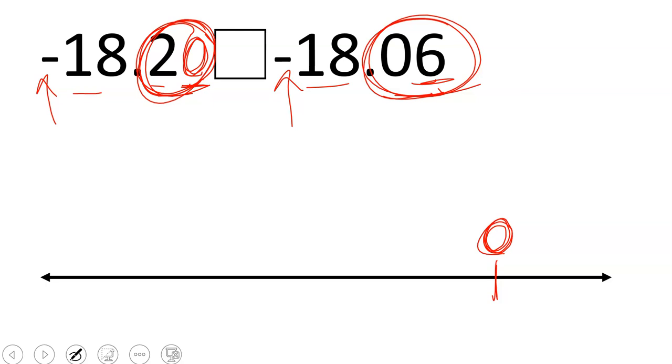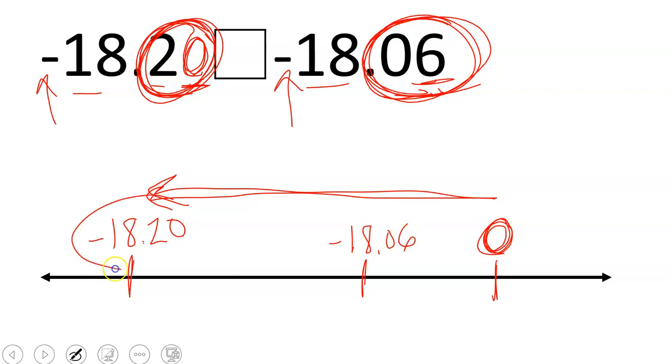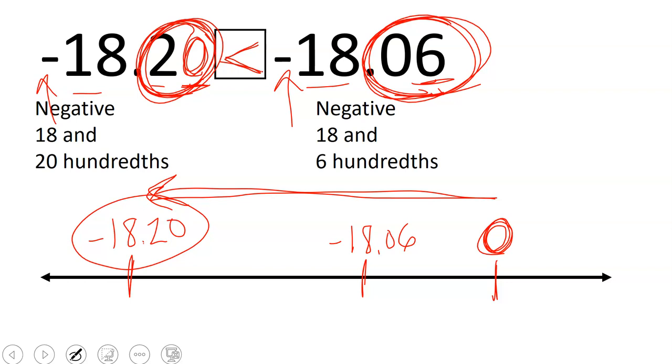Negative 18 and 20 hundredths is further to the left than negative 18 and 6 hundredths. So if it's further to the left, it's actually smaller, or you could say negative 18 and 20 hundredths is less than negative 18 and 6 hundredths.